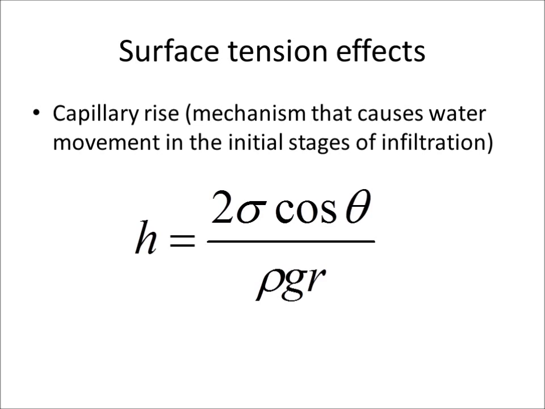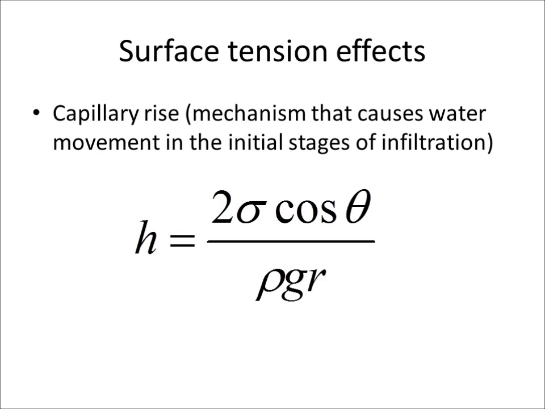What this means is that if the radius of our capillary increases, so it becomes very, very large, then the height of rise is going to decrease. That's an important thing when you think about how water rises in a straw. If we put a straw in a glass of water, we might see a rise above the surface of the water contained in the glass.